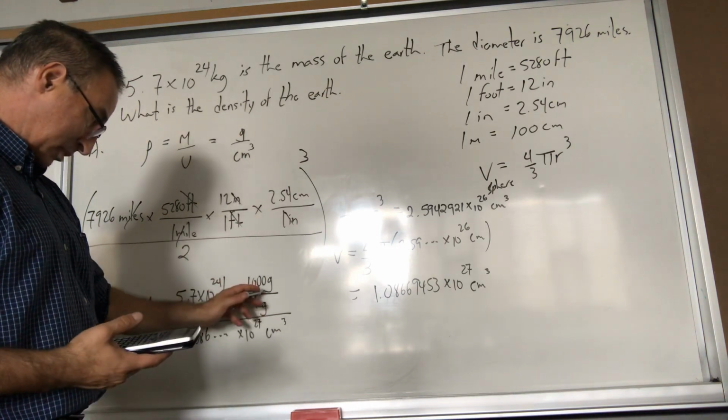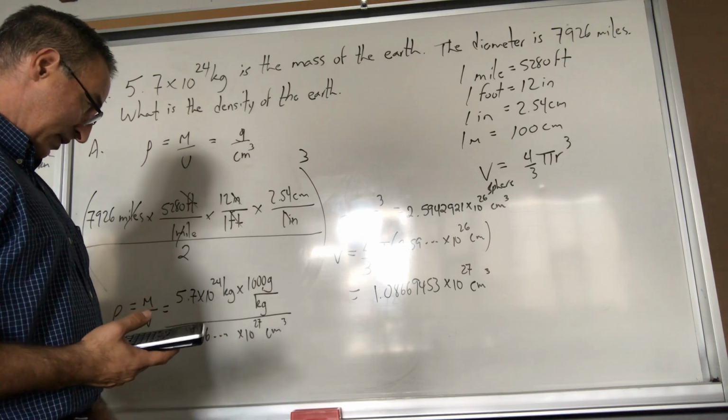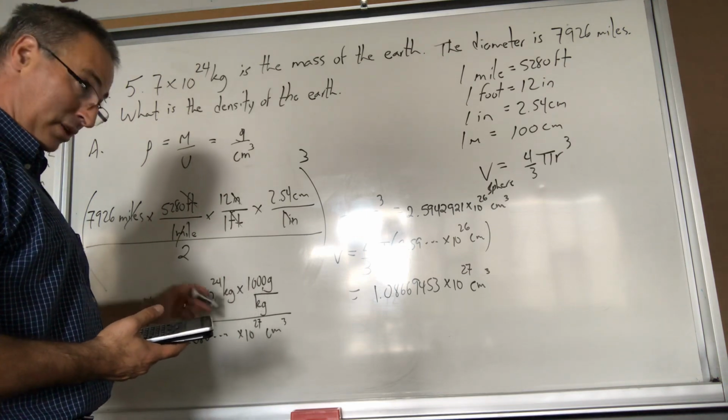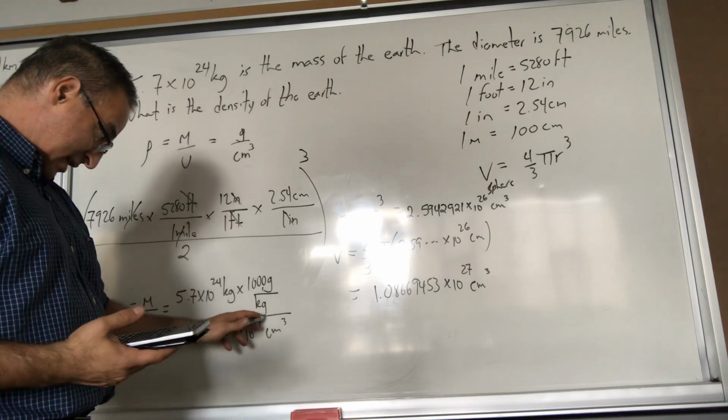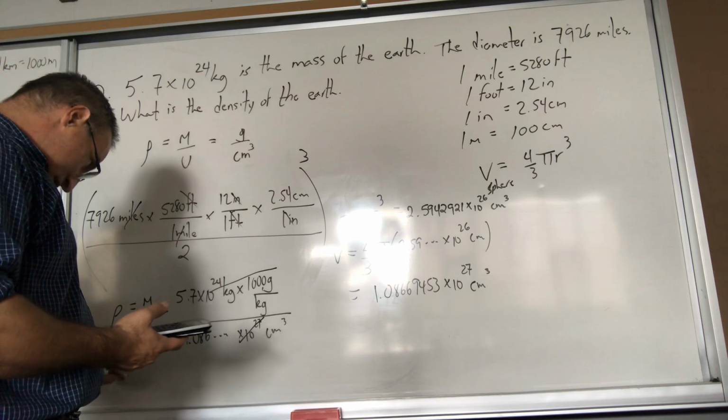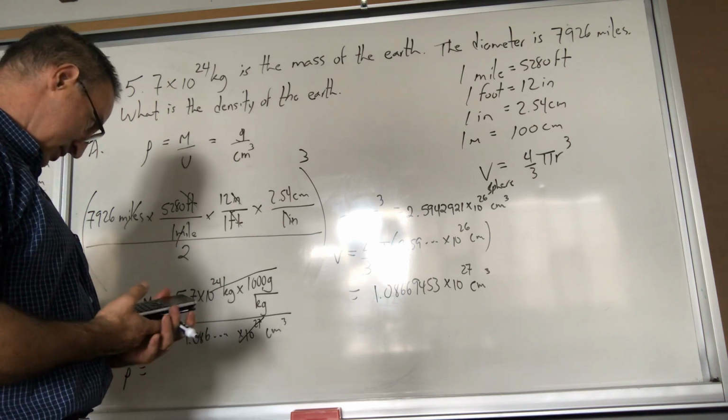You'll notice that when you multiply by 1,000, it's like 10 to the power of 3. 10 to the power of 3 times 10 to the power of 24 gives you 10 to the 27. So this 10 to the 27 and this 10 to the 27 cancel, and what you get is the density of the Earth.